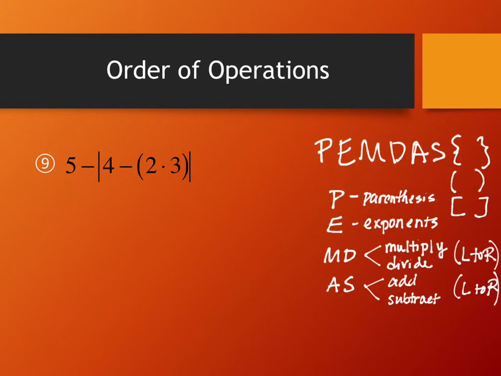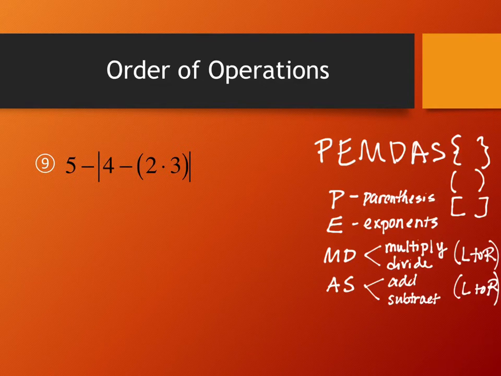On this one, we do see some parentheses. Often when we're working on order of operations, it's a good idea to think about working from the inside out, because the inside is usually where you think about parentheses. If you have the ability, and we do here, to simplify within the set of parentheses, that's the first thing you do.